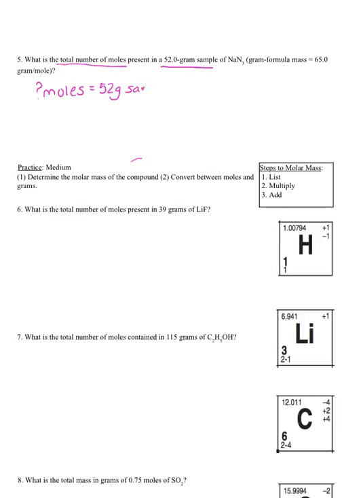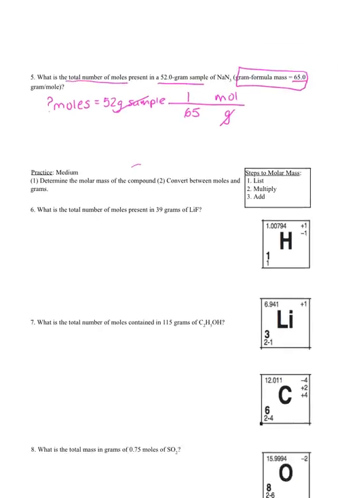I could write sample. Okay. The conversion factor is here. I have to put grams on the bottom, so grams can cancel grams. And I put moles on the top. And I'll go back and put the values in. I know that there are 65 grams for every 1 mole.